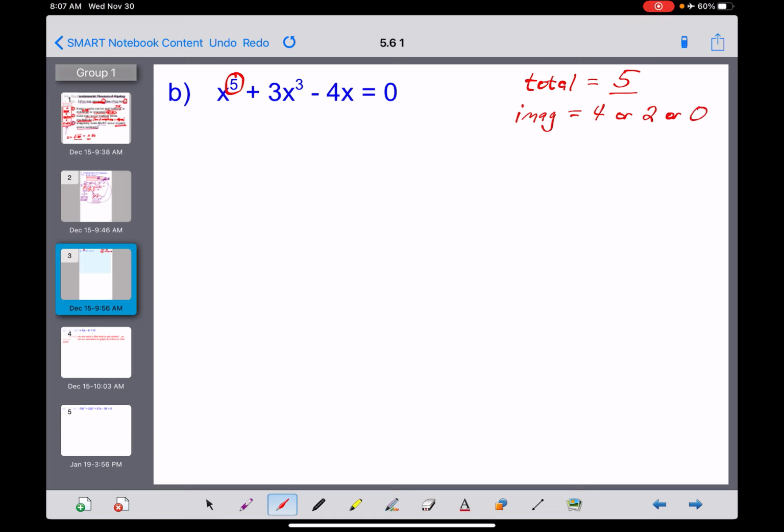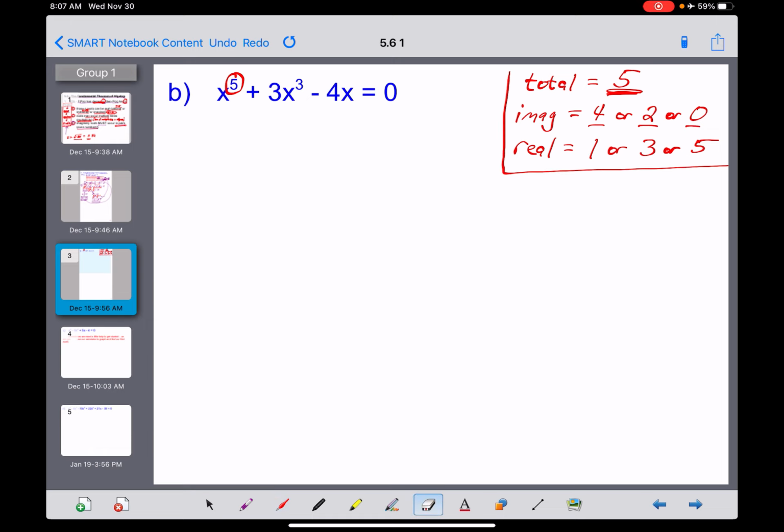Okay, that's what's going on right there. And then the total possible number of real roots is just this number minus these 3 numbers. 5 minus 4 is 1, or 5 minus 2 is 3, or 5 minus 0 is 5. So this is what I'm expecting to find here, guys. Let's keep all that in mind.